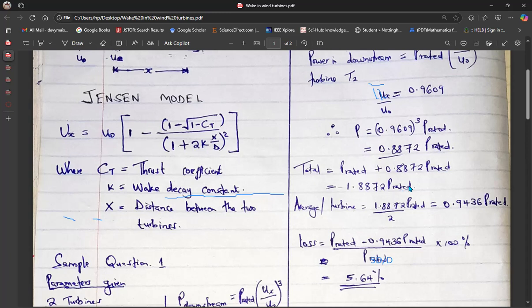So if they were working at 100% efficiency without the wake, they should have been P rated and another P rated, so the two should have given us 2 P rated. But in our scenario, we have 1.8872 P rated. When we want to calculate the average power of each turbine, we just divide by 2, as you can see here.